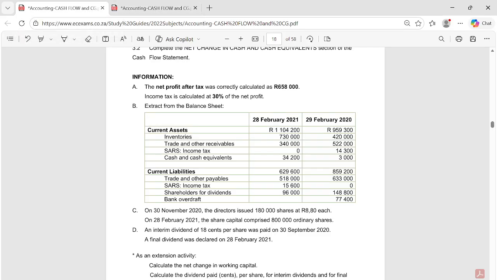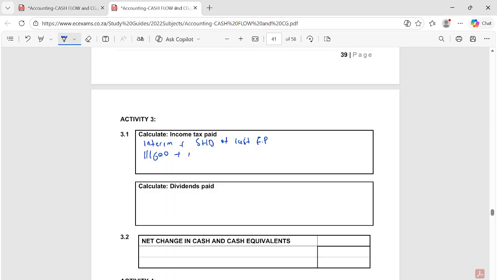My shareholders for dividend is 148,800. So therefore, the two are my total dividend. 148,800. So therefore, 260,400.